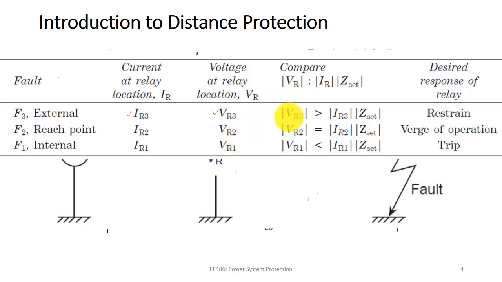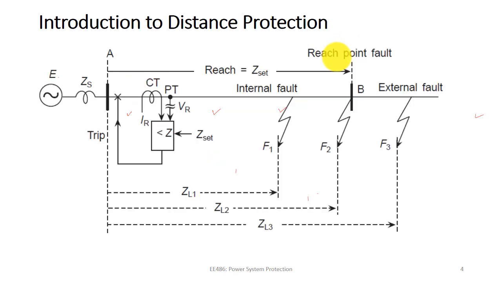Then the voltage measured at the relay point, VR3, should be greater than IR3 Z set. So that way it will restrain. If the reach of the relay, your set point, is up to bus number B, that means your ZL2 is equal to Z set, then obviously this is your reach point.